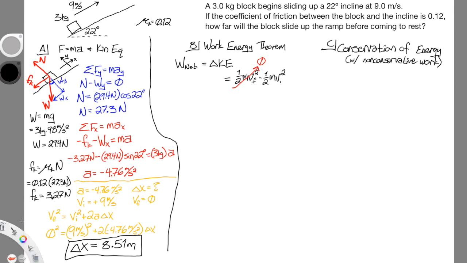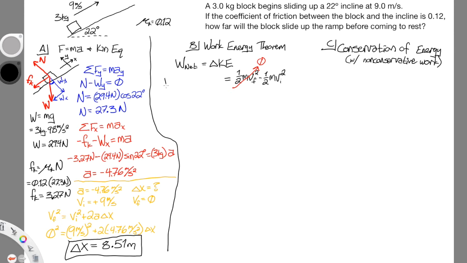Now, what the net work means is we can either use our definition for work, force times distance traveled times cosine of theta, and use the net force, or we can just add up the work done by all of our forces. From our free body diagram, we already know which forces we have.